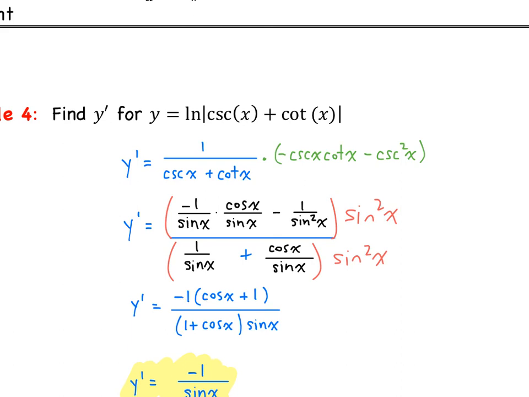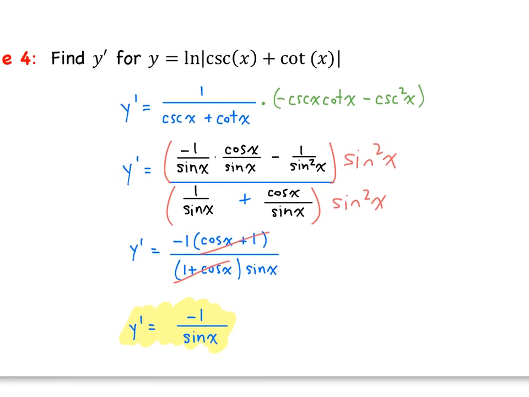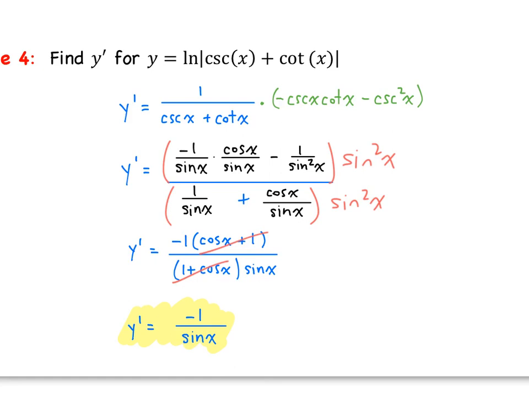And then our denominator is going to be, we're going to be left with sine plus sine times cosine. Well, if we factor out a sine, we're just left with 1 plus cosine of x. So these pieces will cancel, and we'll ultimately get our final answer for what y prime is, and that's negative 1 over sine x. So it does simplify nicely.